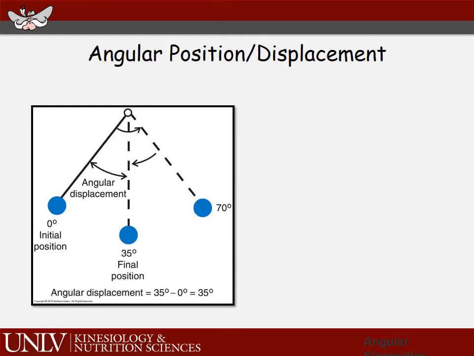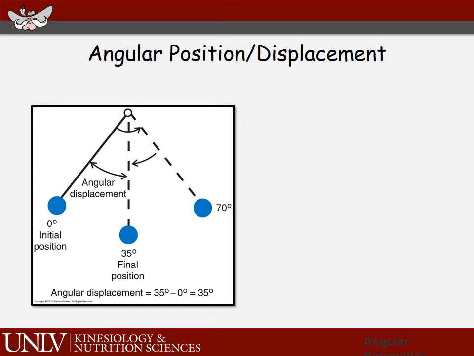Well, here you have a pendulum, which is often used in angular motion because every point along that string and that ball, or that rigid rod and that ball, moves through the same angle but a different displacement or different distance. So when you look at this, it goes from 0 to 70 back to 35.